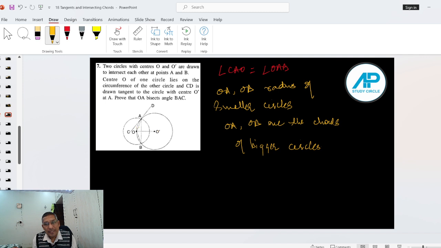Now, since they are radius of the same circle, I have written here, they are equal to each other, correct?